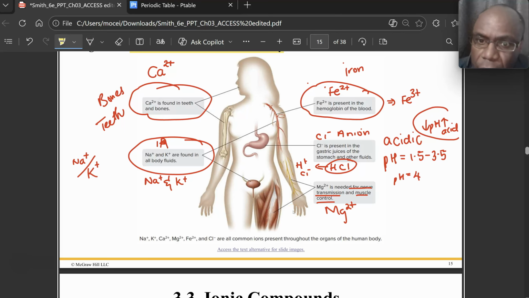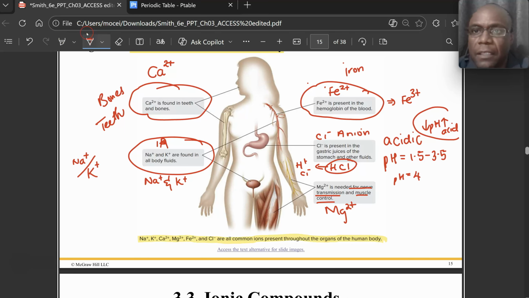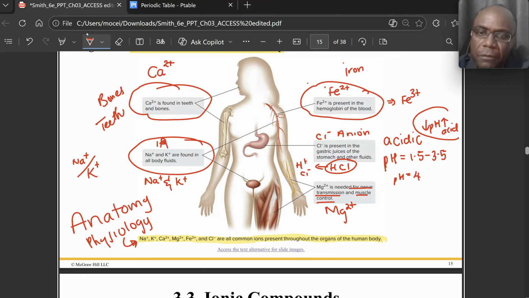In summary, sodium, potassium, calcium, magnesium ions, Fe ions, and chloride are common ions present throughout the organs of the human body, which is why it's important to learn this. And someone who is going to teach you anatomy or physiology will emphasize this chemistry, which is why some of you need to take this class.